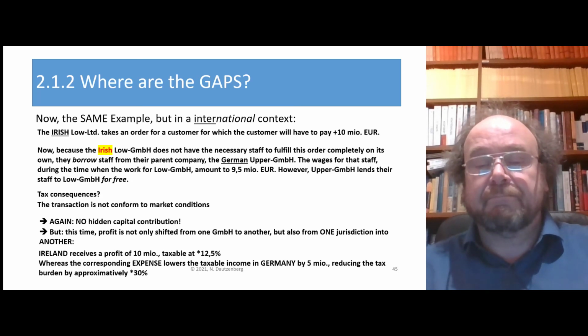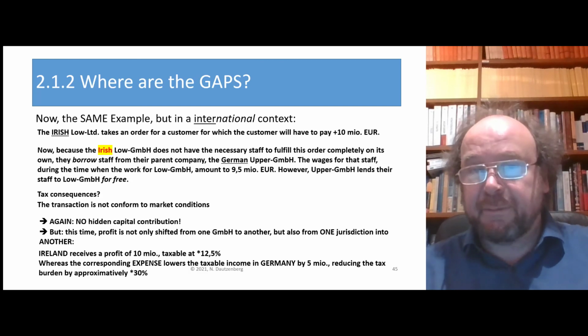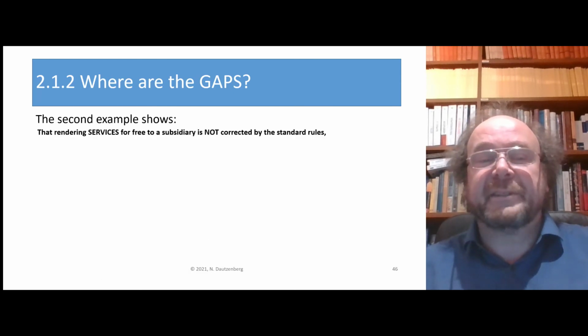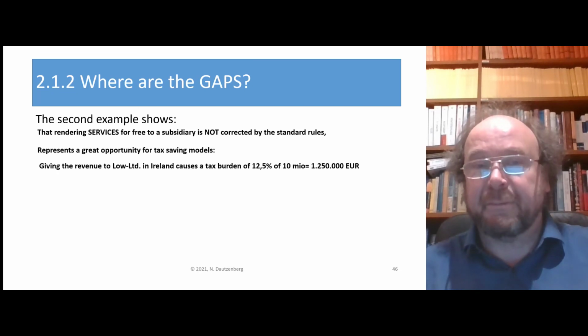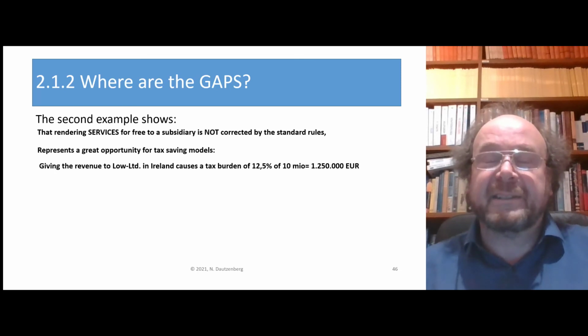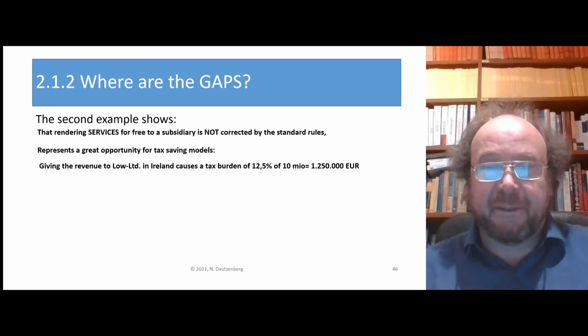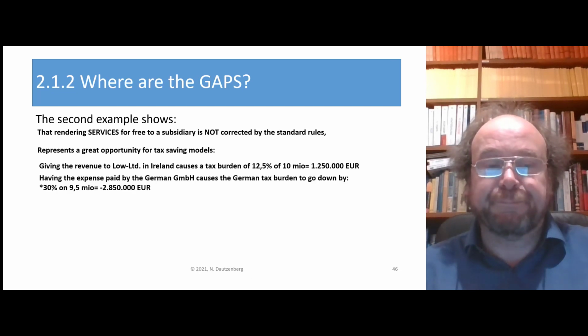The Irish tax is 12.5%, at least it has been for a time. I'm not guaranteeing the details, but this example would now present great possibilities to influence the tax arbitrarily. Giving the revenue to low limited ends up with a tax burden of 1,250,000 euro.